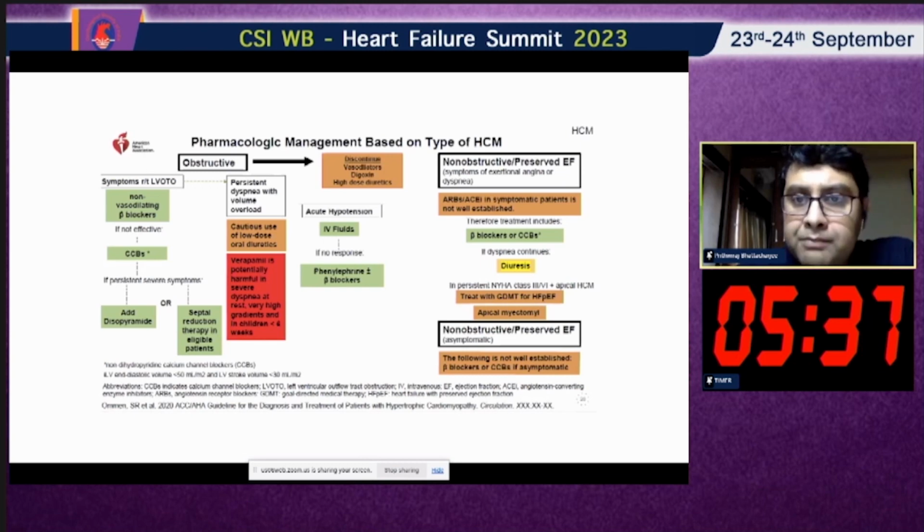In non-obstructive patients, the role of ARB or ARNI is not well established, and therefore treatment includes either beta blocker or CCB. In dyspneic patients, a diuretic may be added. In persistent dyspnea or apical HCM patients, we can consider GDMT for heart failure with preserved ejection fraction. Apical myectomy is another option. In asymptomatic patients with no obstruction, the role of beta blocker or CCB is not well established.